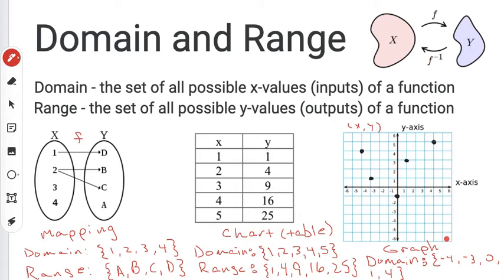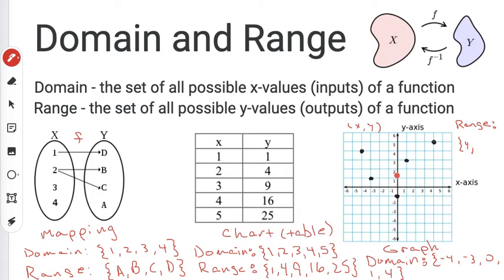And then the range, I'm running out of room, so I'm going to go up to the side. Let's look at all the y values. Well, the y values are going to be determined by where the point is on the y-axis. So looking at the first point, I know that it's at 4 on the y-axis, so I'm going to have a 4.